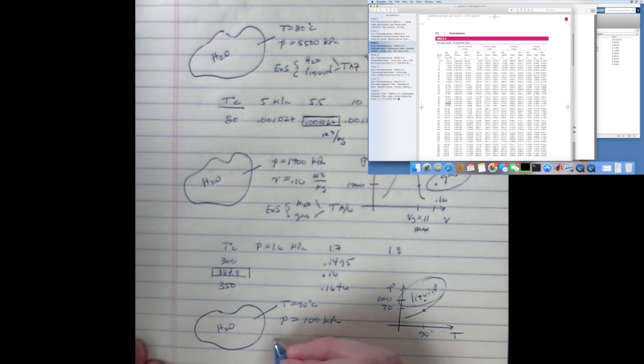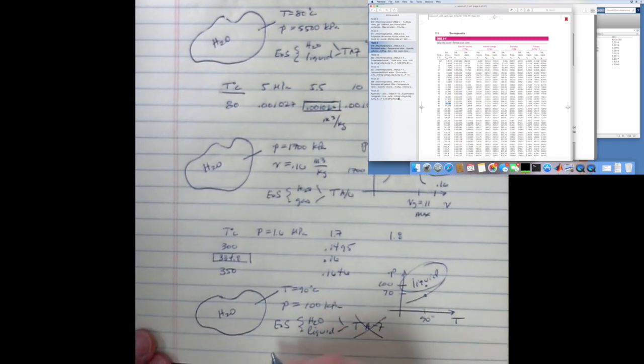So I'd like to use H2O liquid tables, which is table A7. But I can't because table A7 doesn't have enough data. So instead we assume it's incompressible.